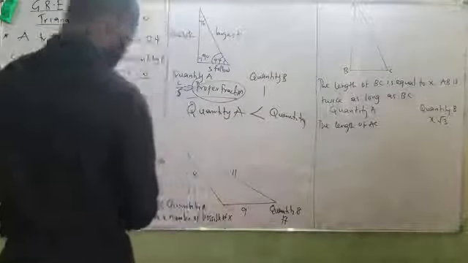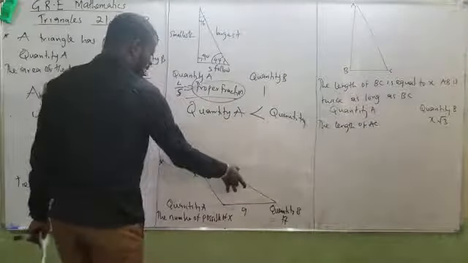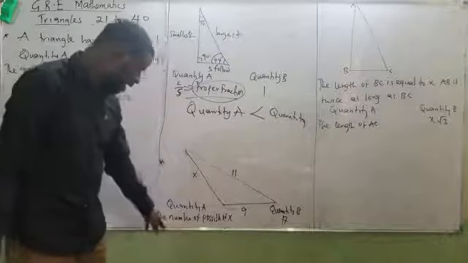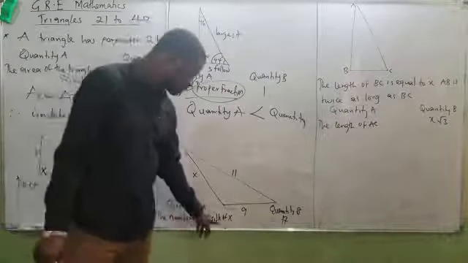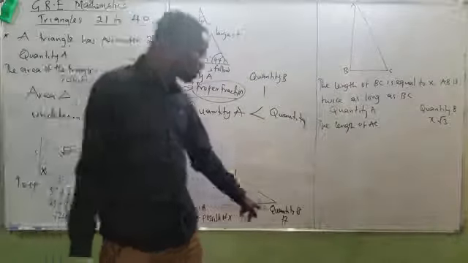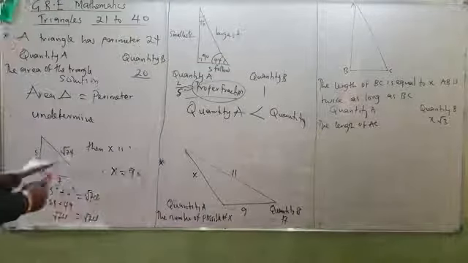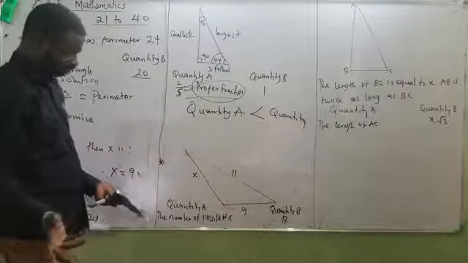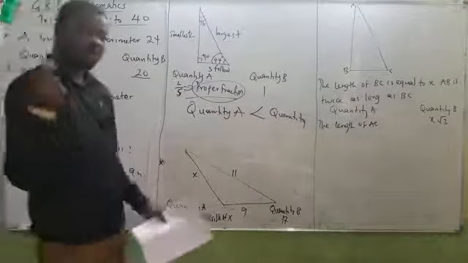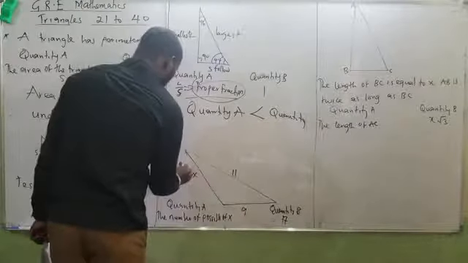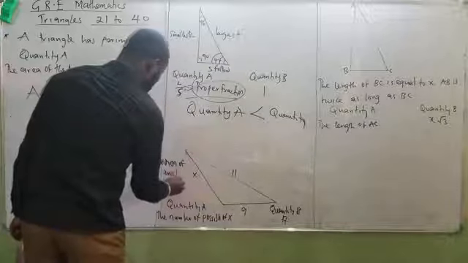Now, look at this. Quantity A is the number of possible values of x, and quantity B is what you are looking for. There's nothing you can do to this question. None of the angles are given.